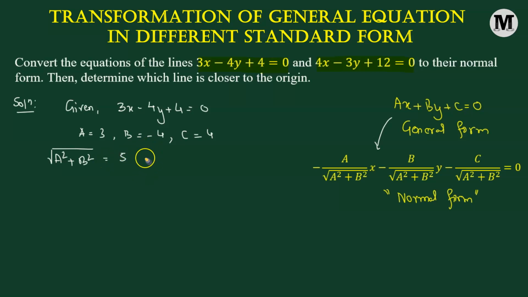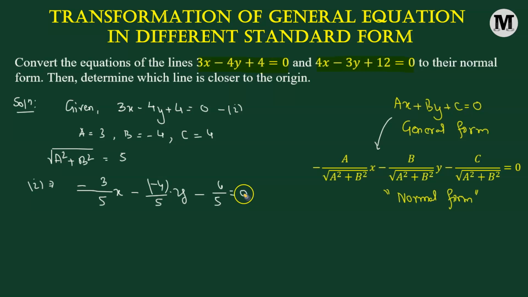Now we're going to convert this equation into the normal form. We need negative a, so we have negative 3 divided by 5 times x, minus, next we need b, which corresponds to negative 4 divided by the square root of a squared plus b squared, that's 5, times y. Then we have negative c, so c corresponds to 4, we have 4 over 5.